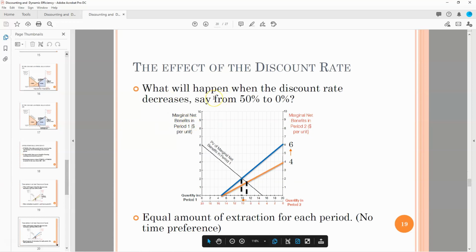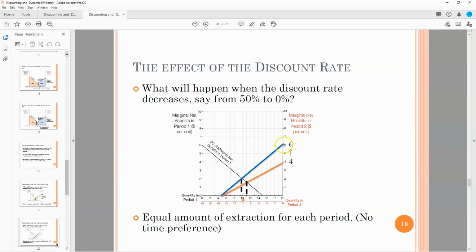And how about what will happen if we decrease the discount rate from 50% to 0? So the orange line represents the present value of marginal net benefit in period 2, and the blue line represents the present value of marginal net benefit in period 2 when the discount rate is equal to 0.